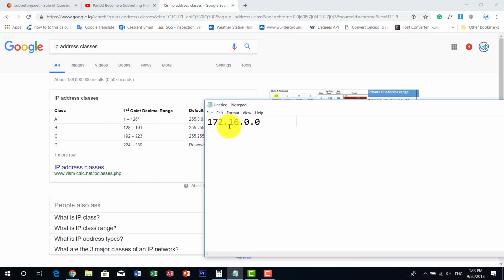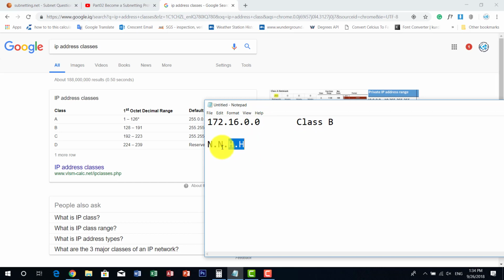In class B, we have 2 portions for network and 2 portions for host. Let me write it down. Class B. As you see, we have 2 portions for network, which is static, and 2 portions for host.